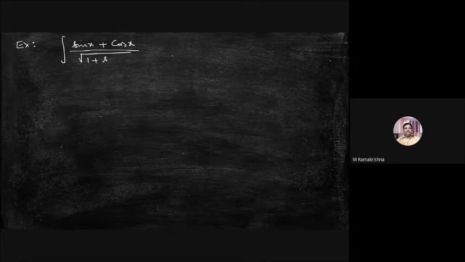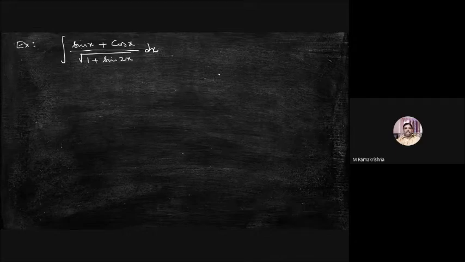One more example. Integration of sin x plus cos x by under root of 1 plus sine 2x dx. Now, if you look at this problem, in the denominator, we have 1 plus sine 2x.